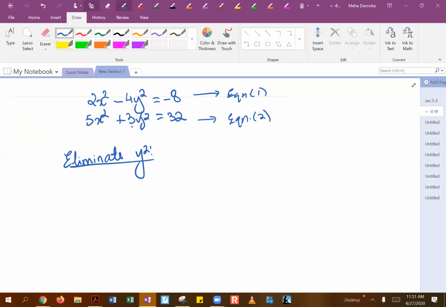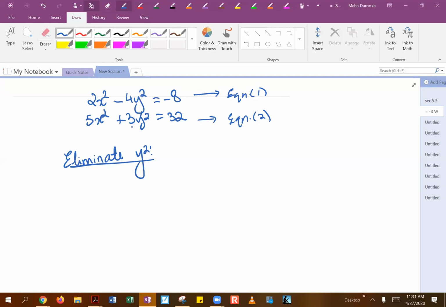Now, what common number can we use here which would be divisible by both 4 and 3? 1. No, because 1 would not be divisible by 4, right? Because you would end up with 1/4 or 1/3. So a number that's large enough that can be divided by both 4 and 3. 12. Yeah, very good, Kate. So that will be 12.